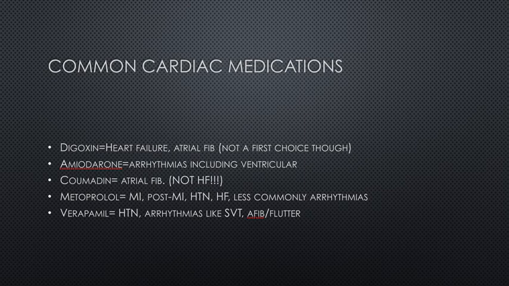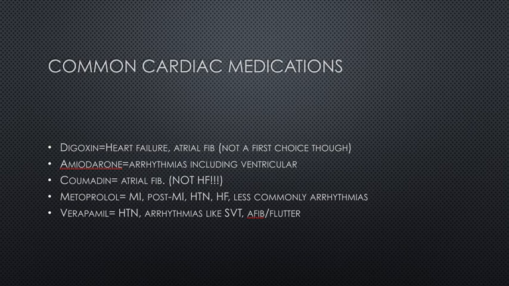For Coumadin, I want you to think atrial fibrillation. Because of that increased coagulation of the blood, because it's not being pumped clean through, but we don't use Coumadin for heart failure. Heart failure patients are not at an increased risk for blood clots in the heart.